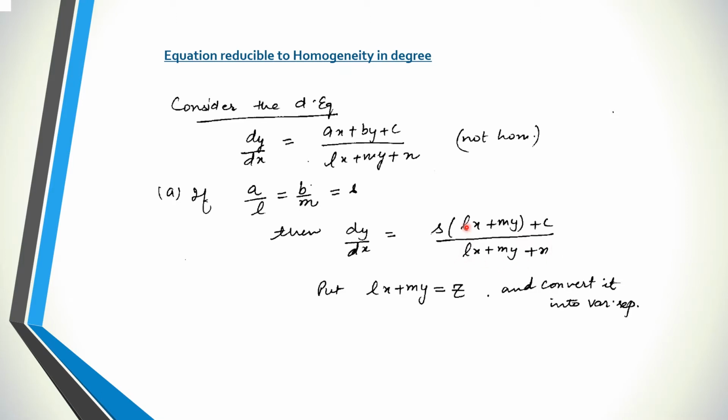We have a common factor in the numerator as well as in the denominator, so we can substitute that common factor with another variable and convert it into variable separable. This is the form in which we convert the first order differential equation into the variable separable method.